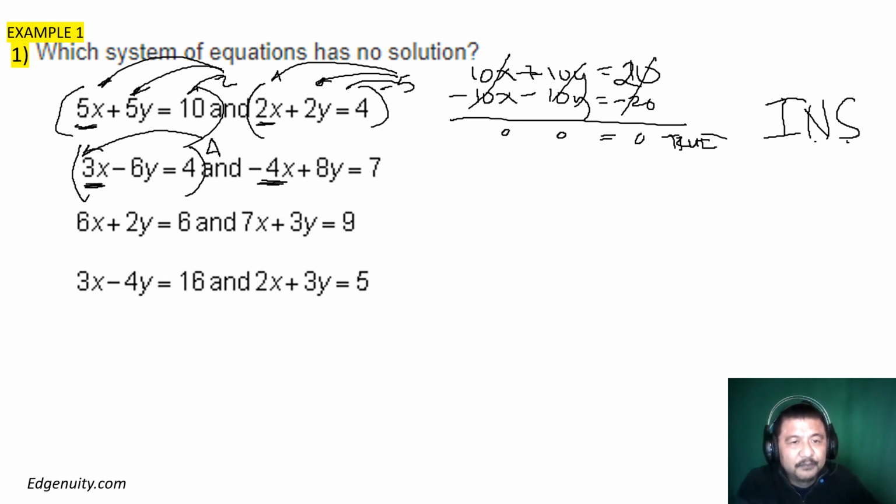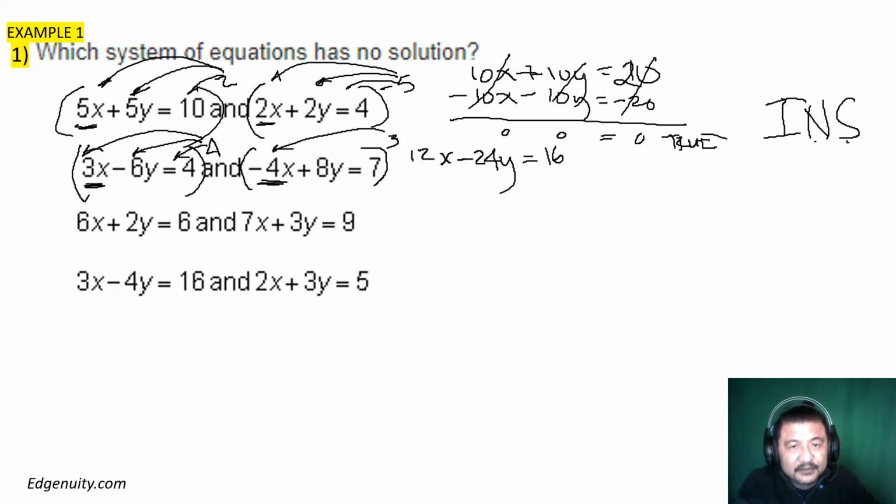So you will now become a 12x. 4 times negative 6 is negative 24y. 4 times 4 is what? 16. Okay, now, we want to make it 12, right? For you to become a negative 12, not positive, because you want opposite sign, I will have to multiply you by 3.